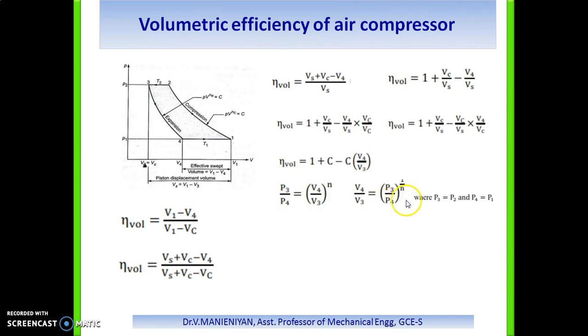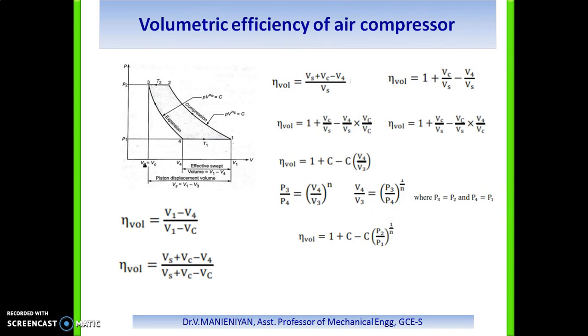Here P3 equals P2 and P4 equals P1, since the pressure is constant between volumes 1 and 4, and similarly between 2 and 3. So we substitute P3 with P2 and P4 with P1 for further simplification.